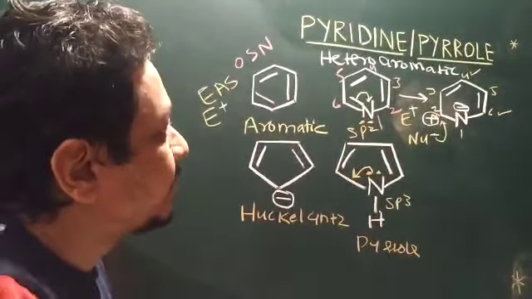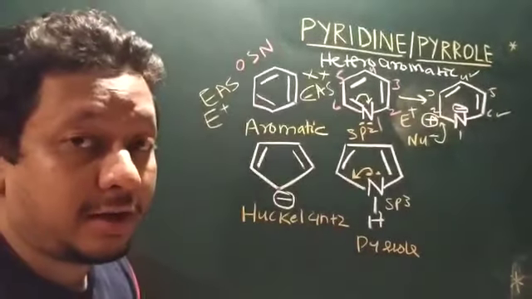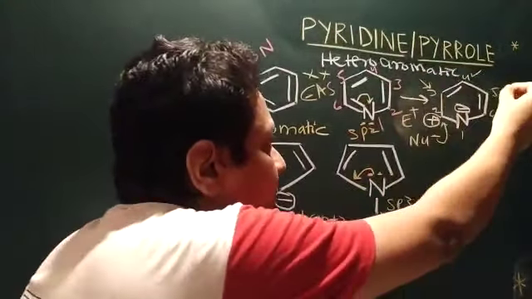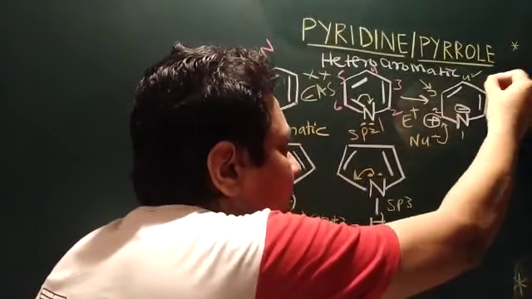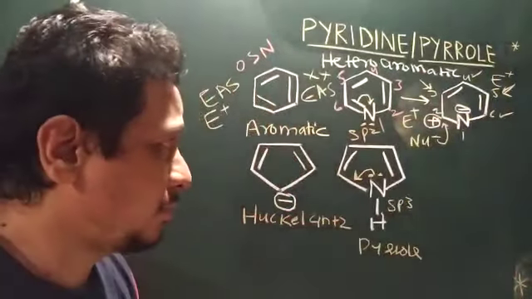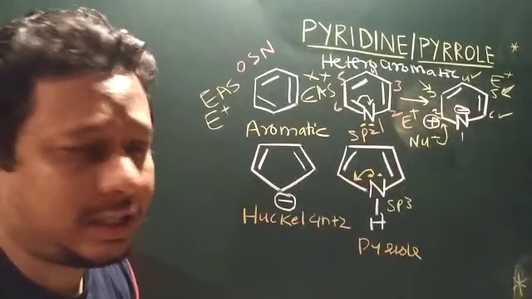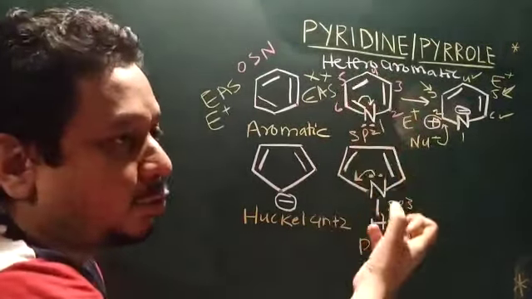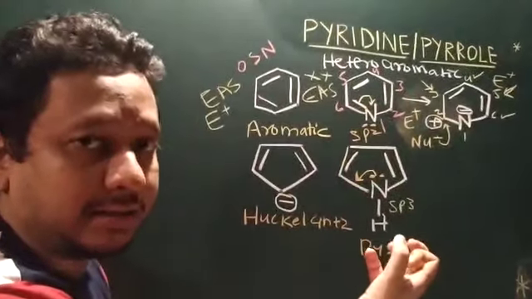So for pyridine, electrophilic aromatic substitution is very, very rare. It requires vigorous conditions. Even though the third and fifth positions of pyridine are favorable for electrophilic substitution, it still does not occur easily, because the ring current is reduced and the pi electron density is reduced.